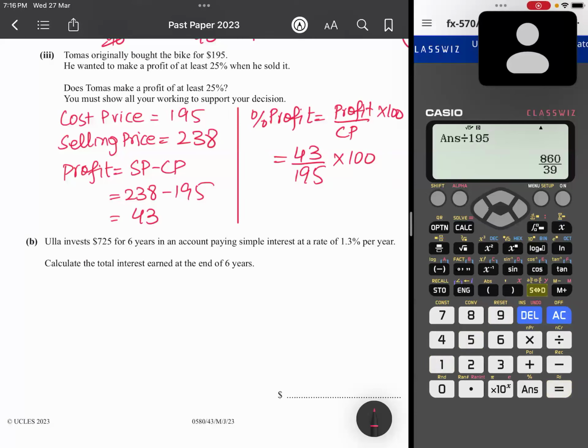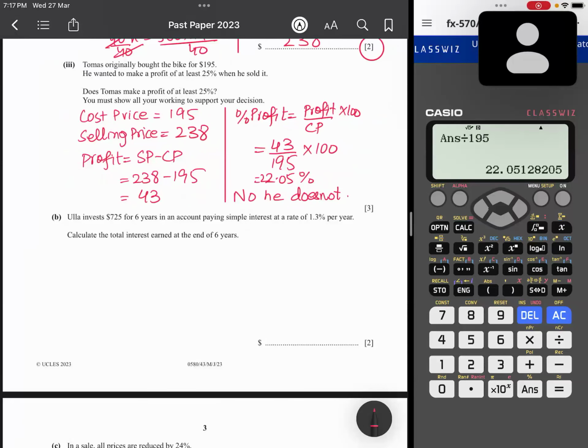So the answer is 22.05%. So does Thomas make a profit of at least 25%? No, he doesn't. He does not.